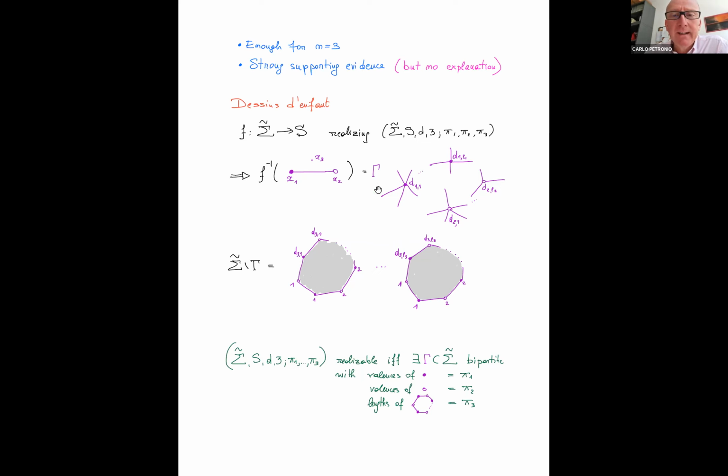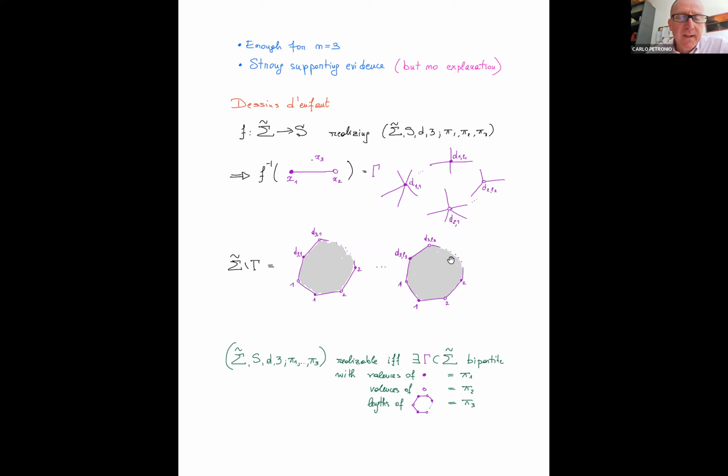The complement of a segment in the sphere is a disk with x3 at the center. This disk is covered by L3 many disks, and on each of them you see alternating vertices of color white, black. The total number of pairs will be the entries of the partition pi3.